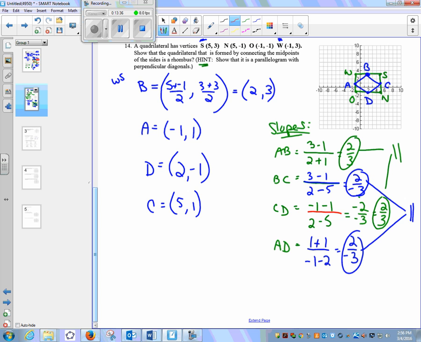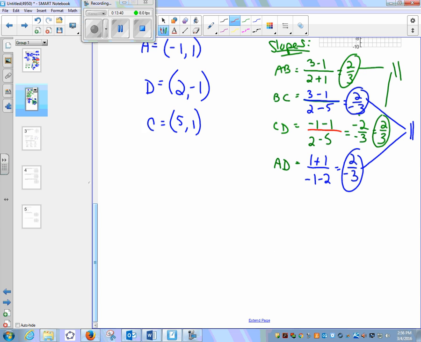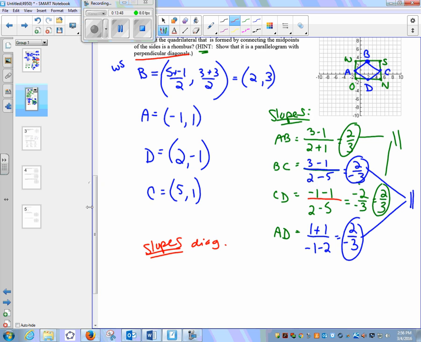Now I can show that it's a rhombus. Maybe I want to do perpendicular diagonals. That would require doing the slopes of the diagonals. Well, if you look at your diagram, the diagonals are going to be BD and AC. So if I'm going to do the diagonal BD, I'm going to use these coordinates to find the slope, which is 3 minus a negative 1 over 2 minus 2.